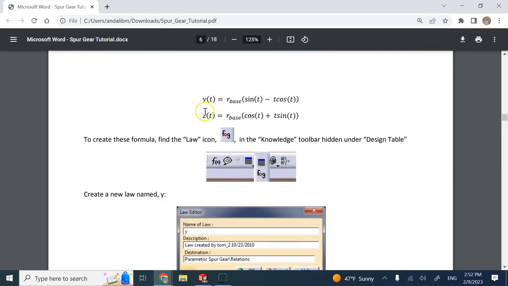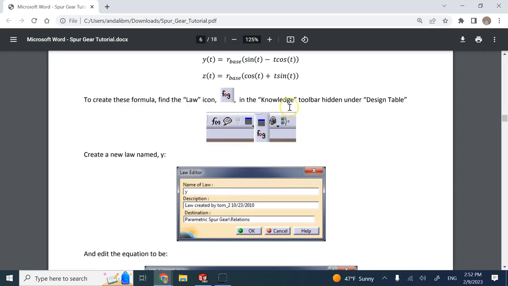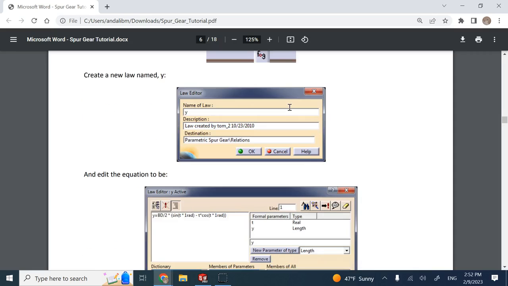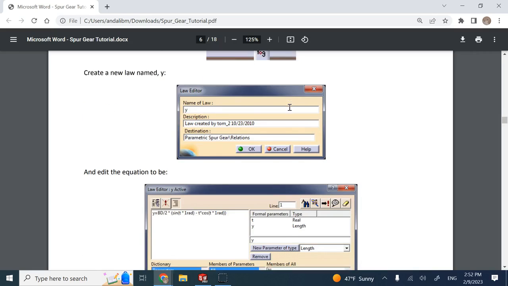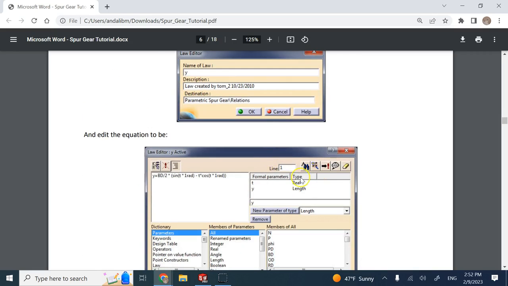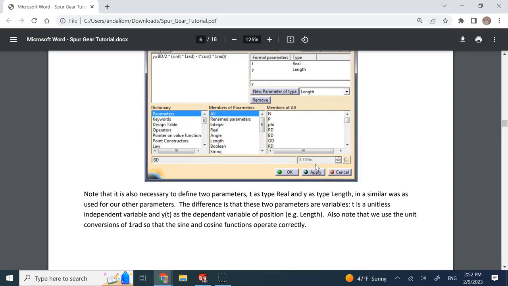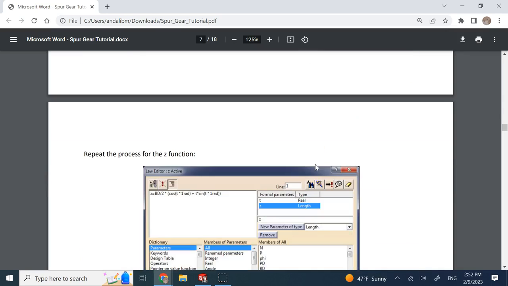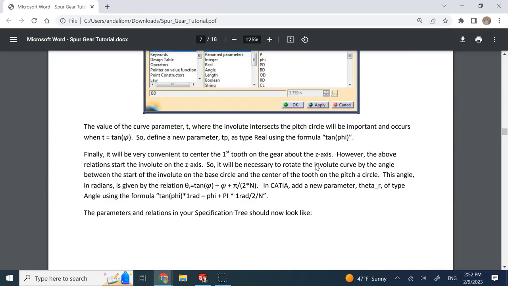If you want to draw it in the XY plane, then it's going to be replaced by X and Y, but basically your horizontal coordinate is R base sine t minus t cosine t. Your vertical one is R base cosine t plus t sine t, and then you can change t from 0 to 2 pi. This is the tutorial I had for CATIA.